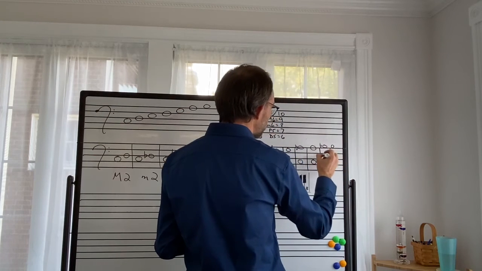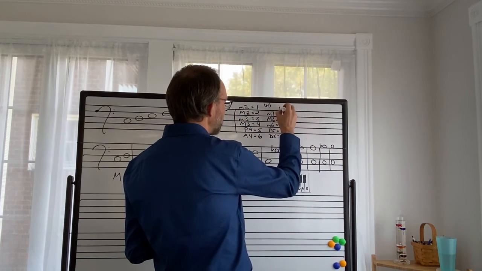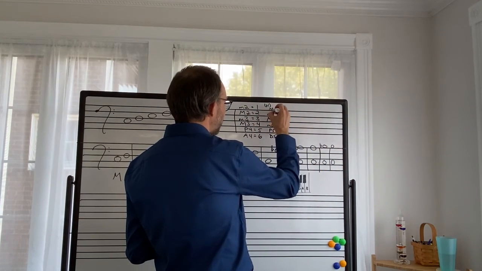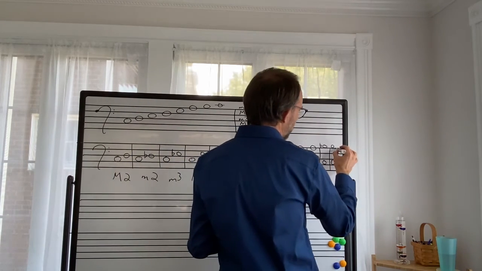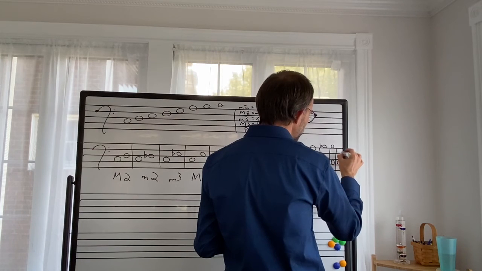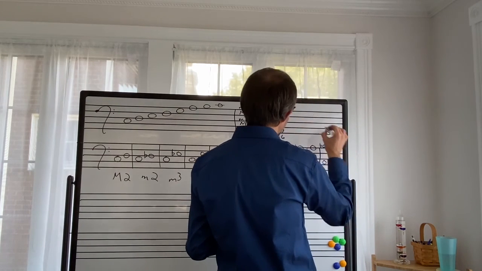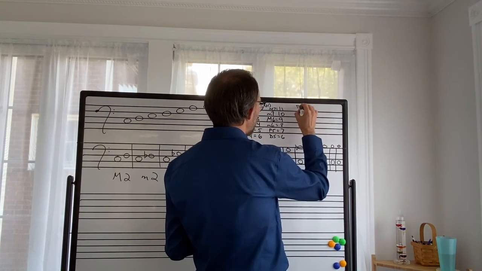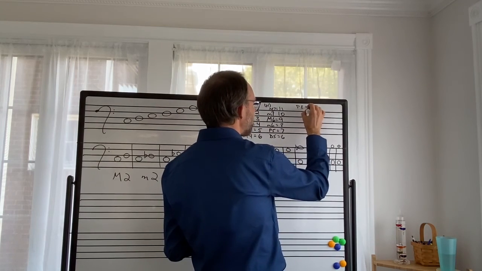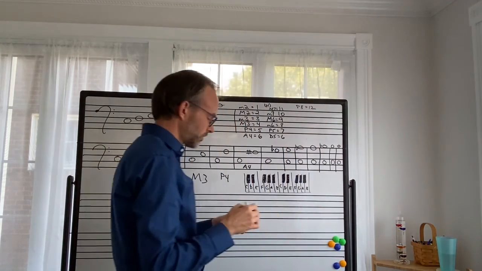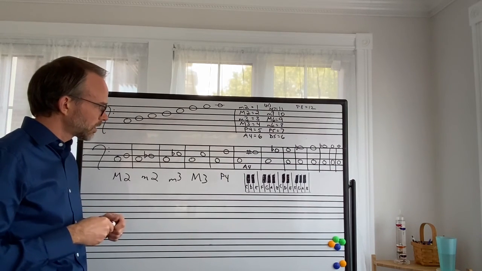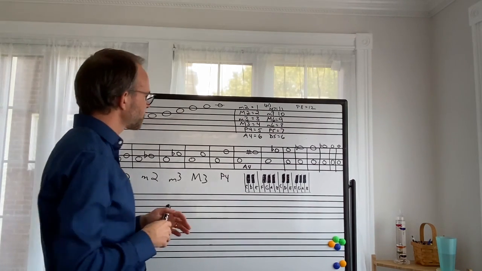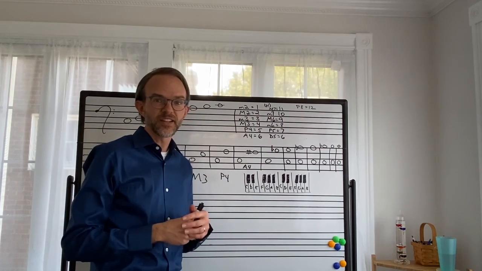C to B natural. That's going to be major 7, which is 11 half steps. And 12 half steps will be from C all the way to C. We'll call that perfect octave. That's all the intervals that we'll talk about now. And we will do some extra interval exercises in the next lesson.